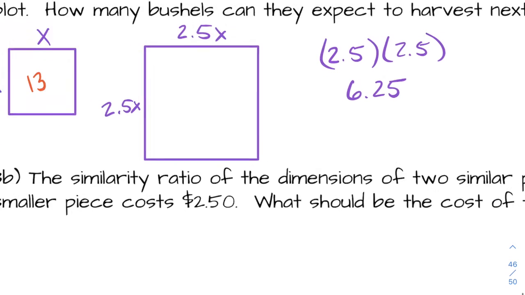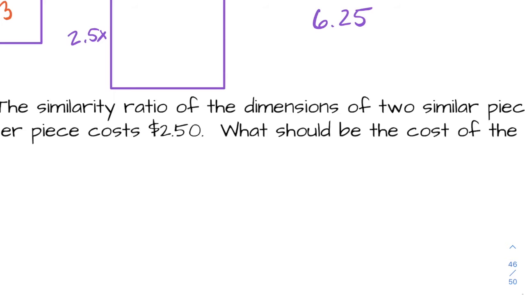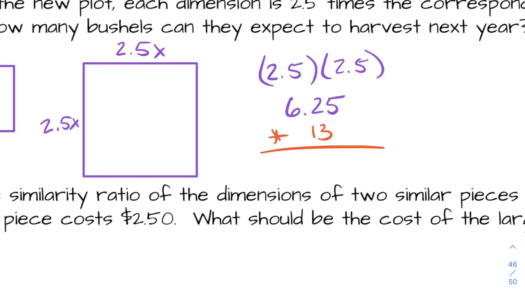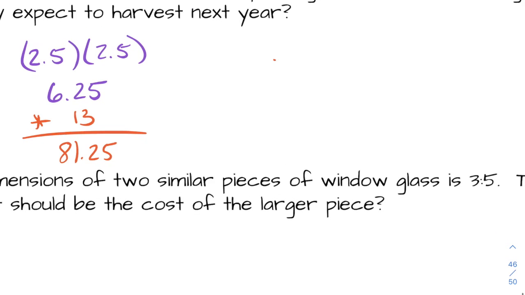So what we need to do now is multiply 13 by 6.25. That's how much larger it is. It's not 2.5 larger, but it's 2.5 and 2.5. So we are actually going to get the number 81.25 bushels. The students should be able to harvest 81.25 bushels.